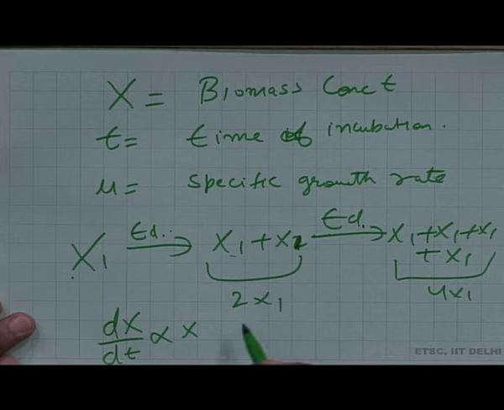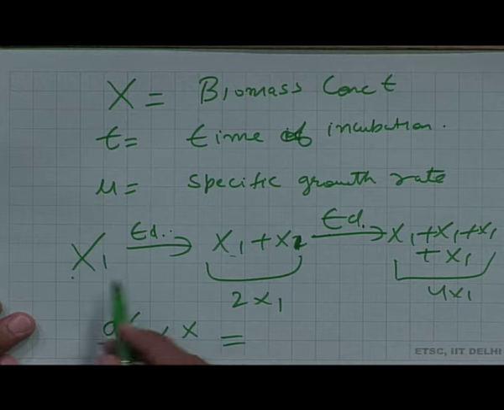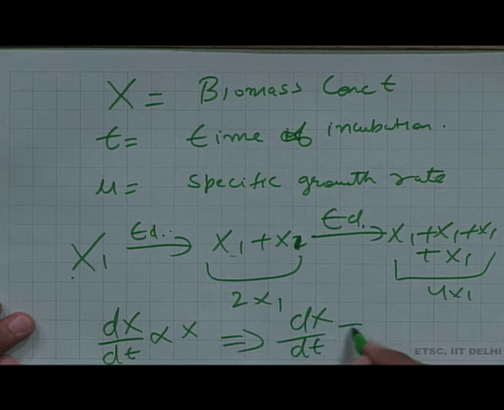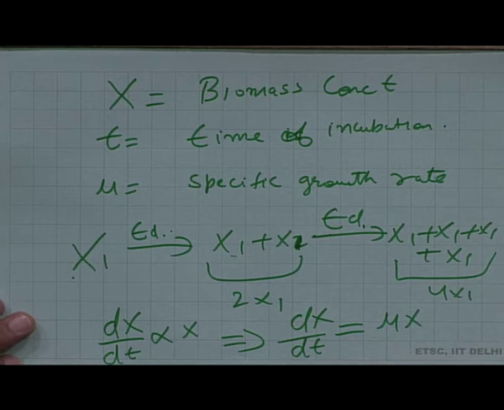Okay. So, the rate of change of x with time is dependent on x, that is your first order kinetics, and you can write dx by dt is equal to mu x. Mu is the constant of proportionality or specific growth rate.